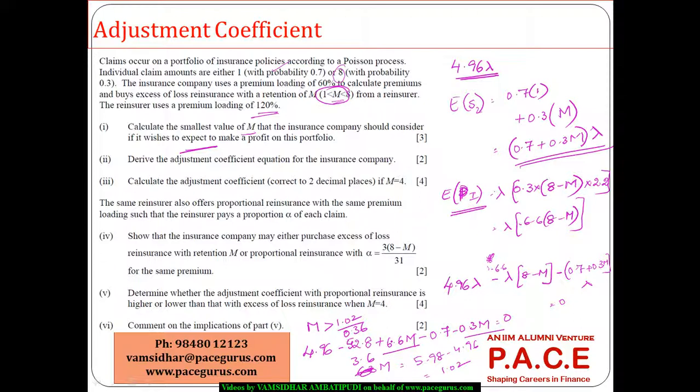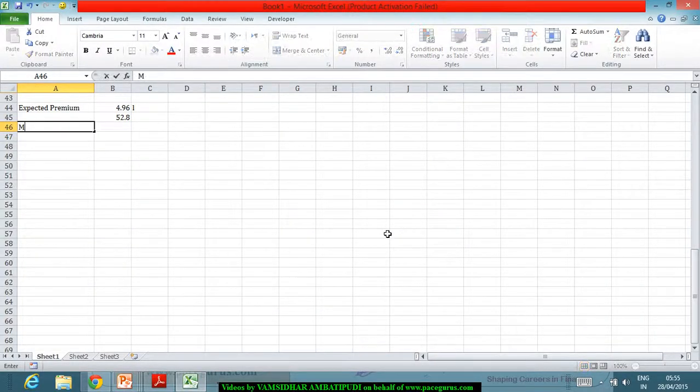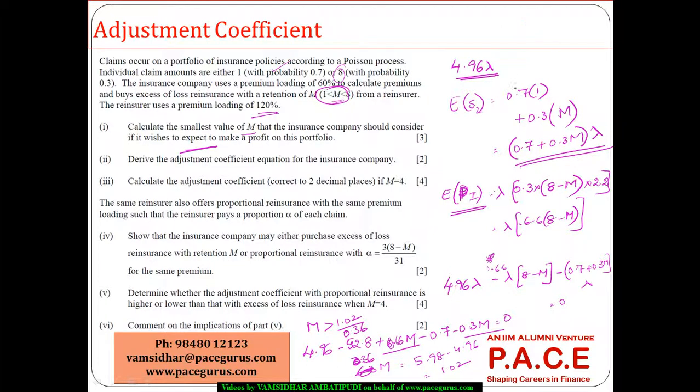Right, this becomes 0.66m. 0.66m minus 0.3m will become 0.36m. So this is 0.36, and m should be greater than 1.02 by 0.36, making it 2.83.